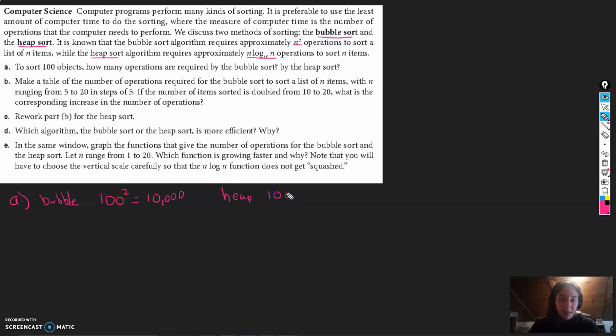So n is 100 times log of 100. What is log of 100? Well, it's log base 10, so 10 to what power is 100? 10 squared is 100, so log of 100 is 2. So for heap sort, it would only take 200 operations. For bubble sort, it would take 10,000 operations. Obviously heap sort takes way less.